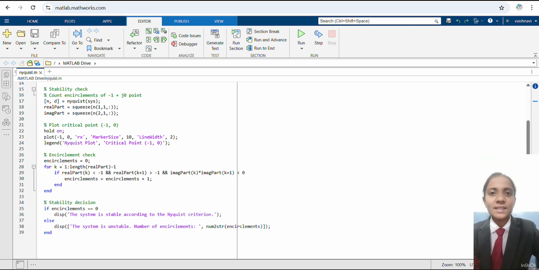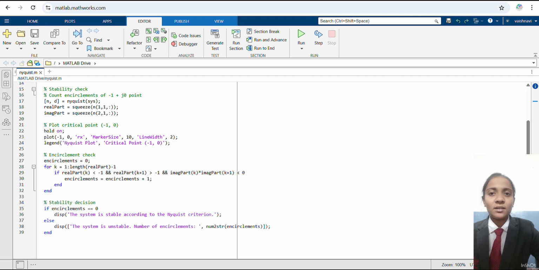To check the encirclement, we have taken a for loop. In the for loop, we have taken the condition k equal to 1 to length of real part minus 1. After that, we are taking an if condition in which real part k is less than -1 and real part k plus 1 is greater than -1, and the imaginary parts have opposite signs. Then encirclement is equal to encirclement plus 1.